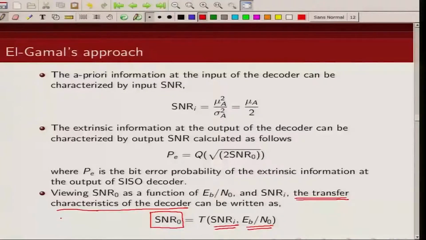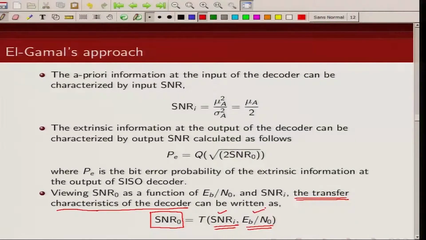So, I can view the SNR of the extrinsic information as a function of the input SNR of a priori values as well as the channel operating signal to noise ratio.